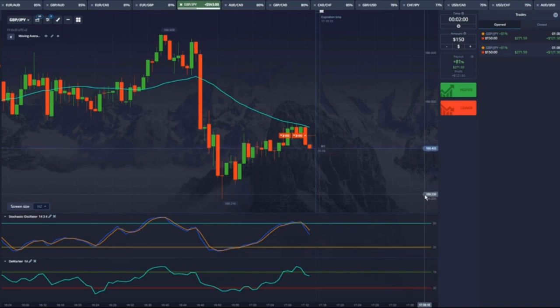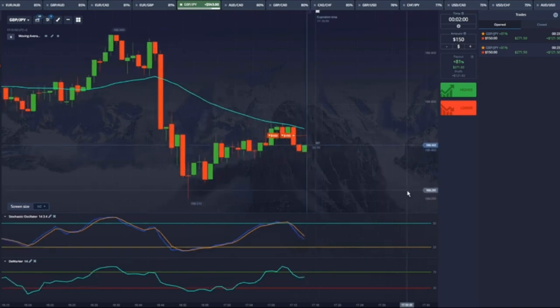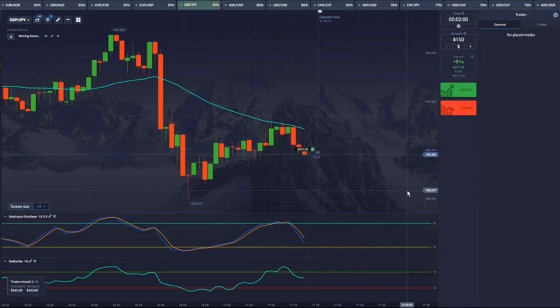Let's wait for the trades to play out and we continue with different entry signals from the strategy. The entry was good and we made profit.